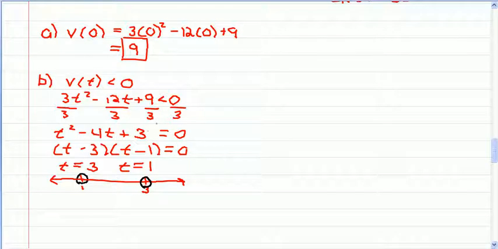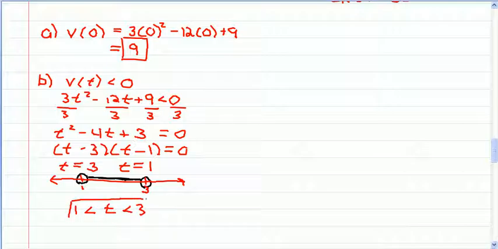And since this is less than, it means that you shade in between the points. So that means the particle moves to the left between 1 and 3. So 1 is less than t is less than 3.